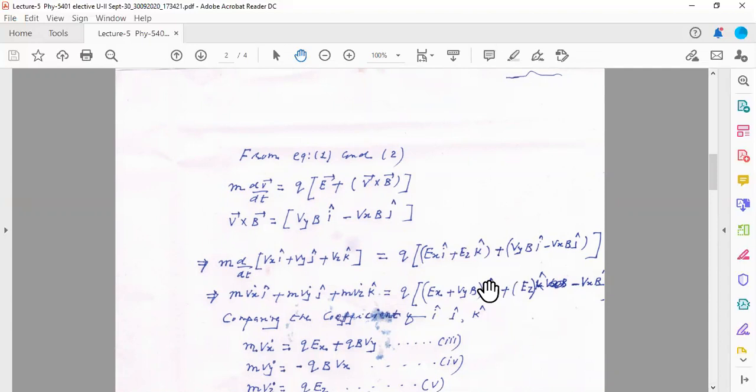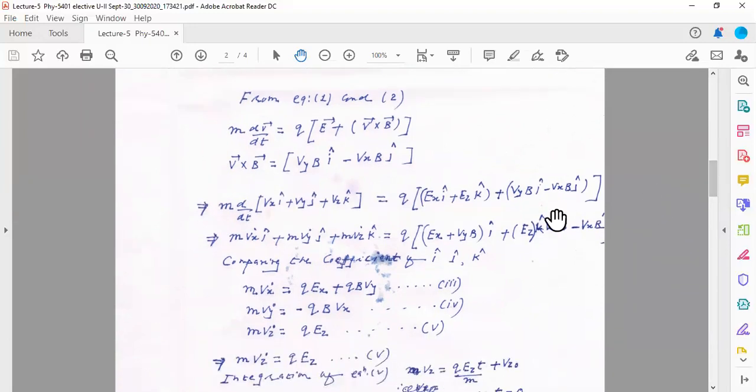This is very simple. You open the bracket, combine the i term, the j term, and the k term, and now you compare the coefficients of i, j, k.